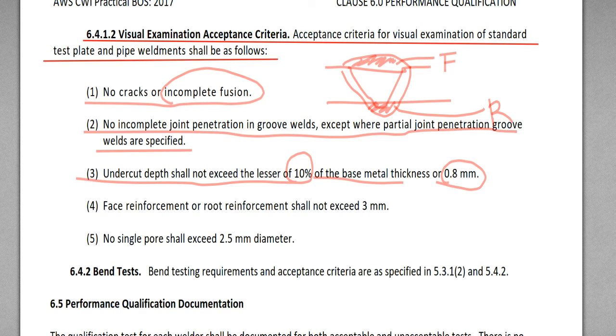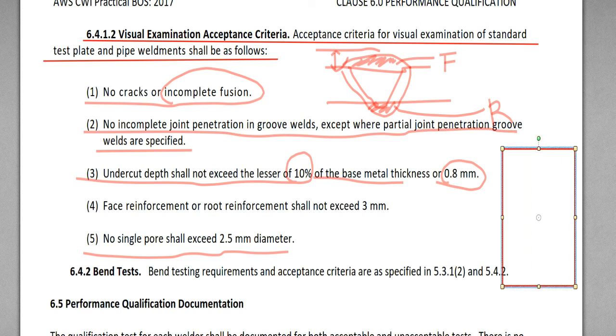So face reinforcement and root reinforcement shall not exceed 3 millimeter. Depth of the reinforcement shall not exceed 3 millimeter, and no single pore exceeds 2.5 millimeter diameter. We have a plate and weld mount like here. Then single pore like this. The diameter of single pore should not exceed 2.5 millimeter.